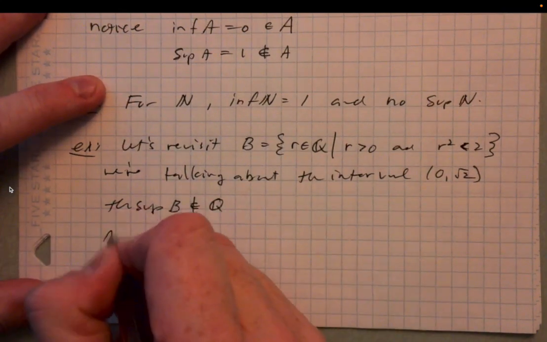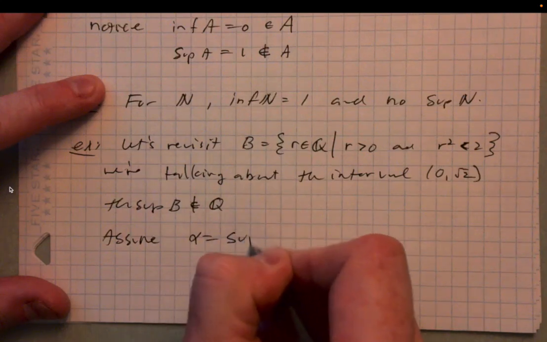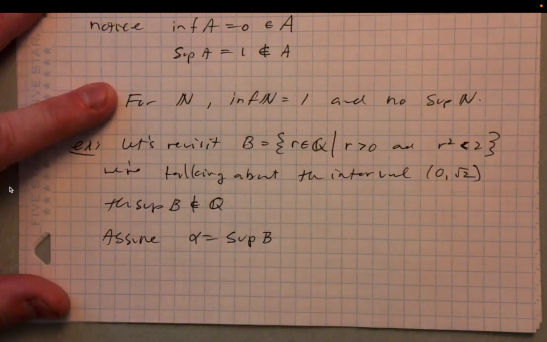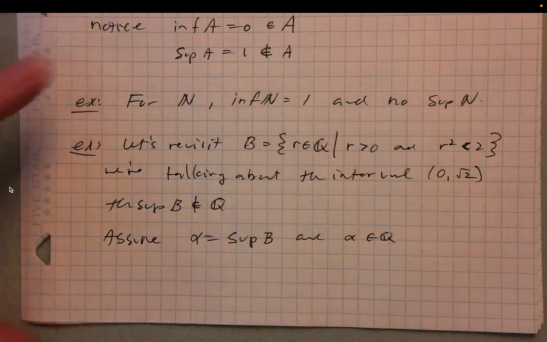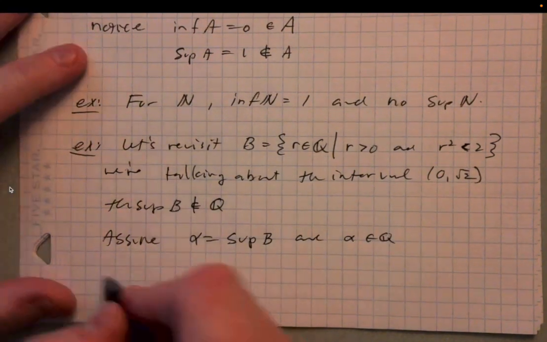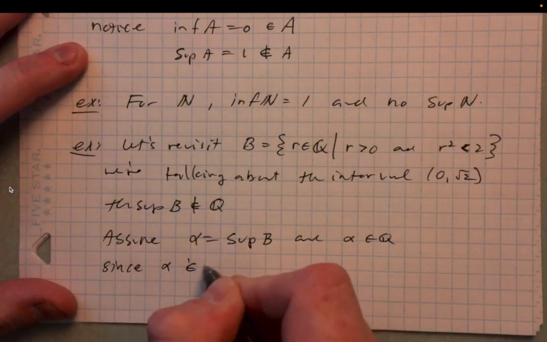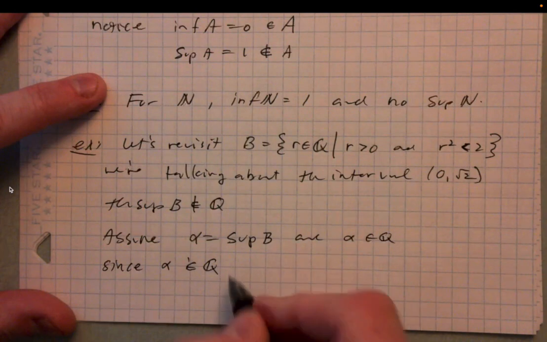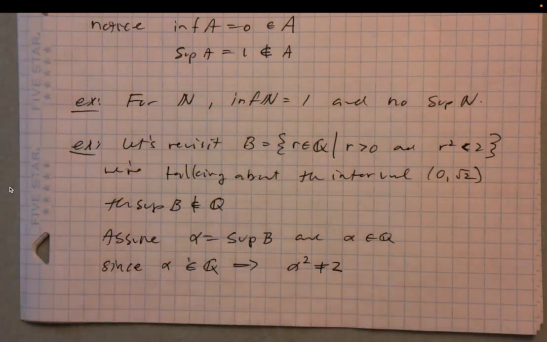Let's assume that alpha equals the supremum of B, and that alpha is a rational number. Now, since alpha is rational, alpha squared cannot equal 2. So since alpha is in the rational numbers, that implies that alpha squared is not equal to 2. Now, why is that?